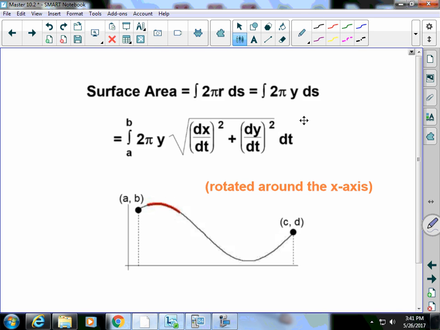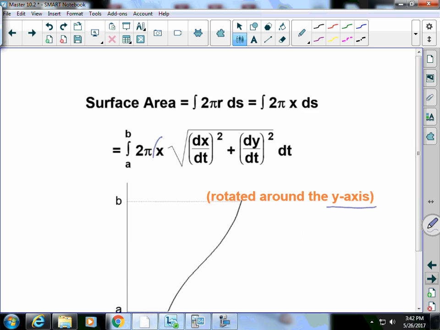So surface area. We did area, now we're going to do surface area. Again, these are all the formulas I need to know. You found arc length, which is dx dt squared plus dy dt squared all into the square root. Now we're going to have surface area. If I'm going around the x-axis, I want a y. If I'm going around the y-axis, I want an x.